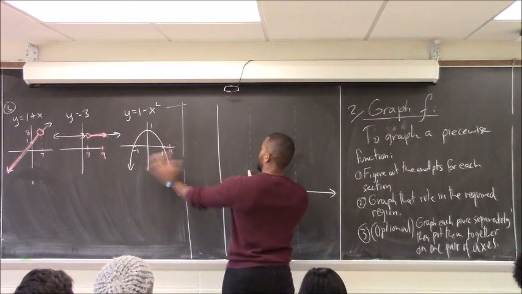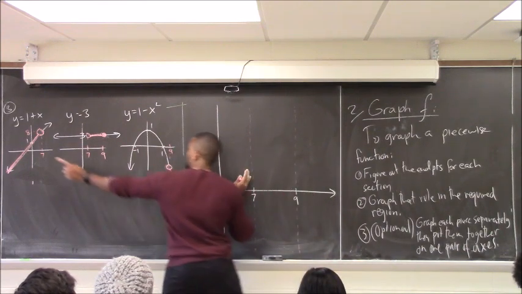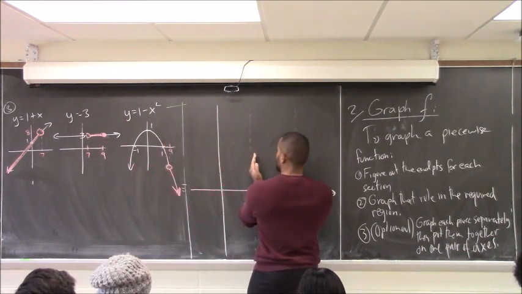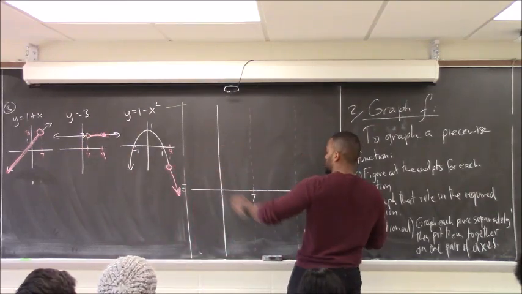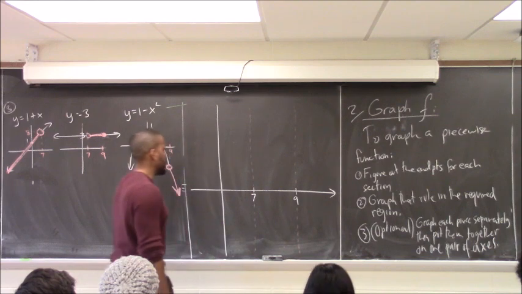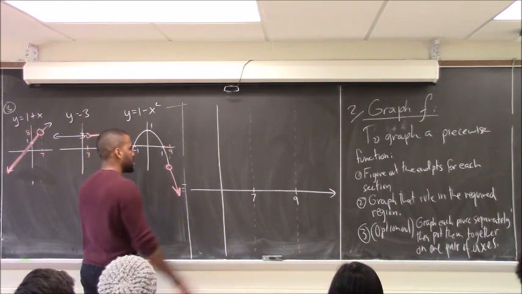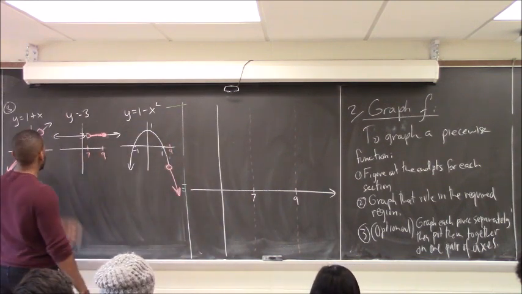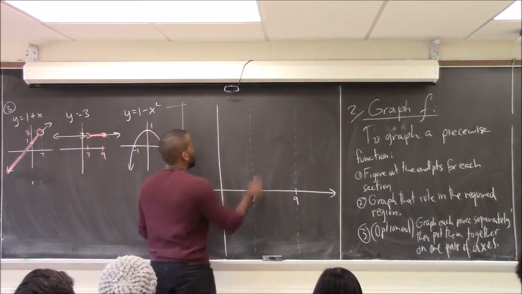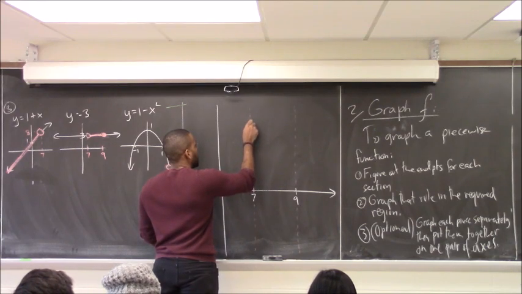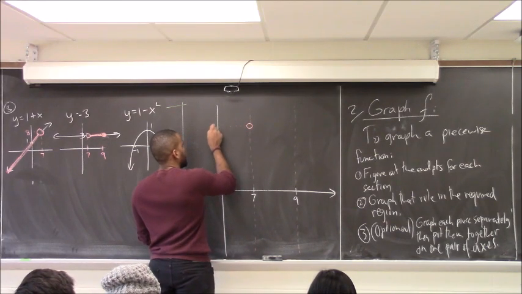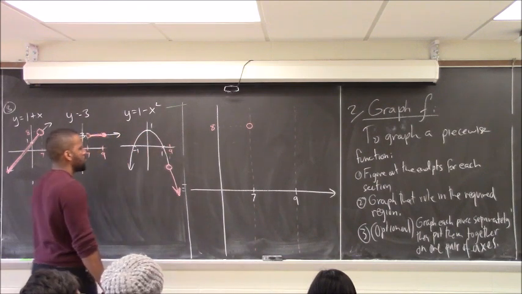On the left region, there's one definition, namely this definition. In the middle region, there's another definition, namely this definition. And on the right region, there's this one. And what you can do is figure out the endpoints. When x is 7 in the first one, that gives me 8. So I know that it is not equal to 8, so it's an open circle. That's an 8. So that's the first thing I would draw.